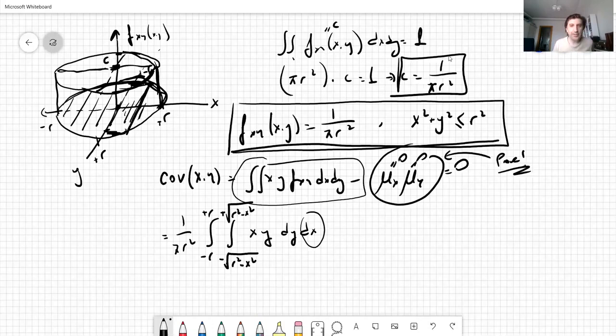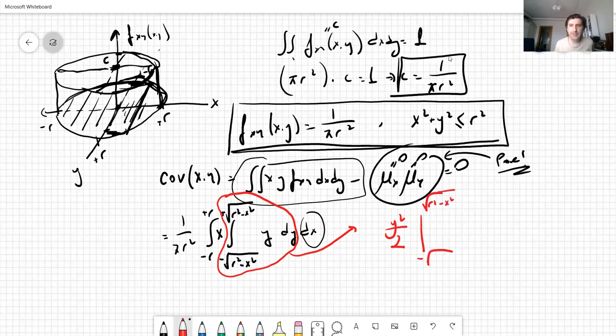We can even take this x out to make it look nicer, so we are going to concentrate on this integral. This is going to be y² over 2, with the square root of r² minus x² and minus the square root of r² minus x². Let's put the 2 here.